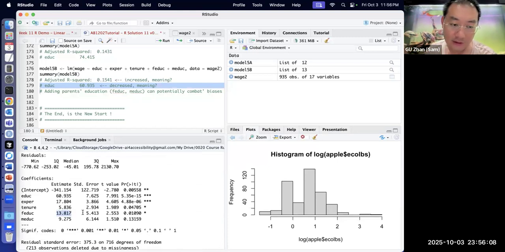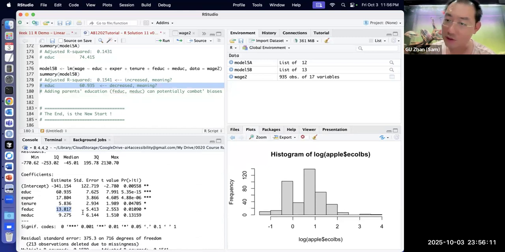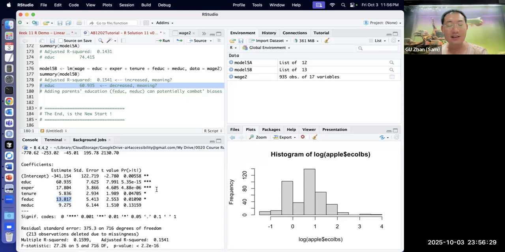Whether you look at it, the father's education contributes to the hourly wage of that person. The model tells us yes, it's important, it's correlated, and it's significant. One year of your father's education will help the son earn $13 more per hour. Mother's education will have less impact.